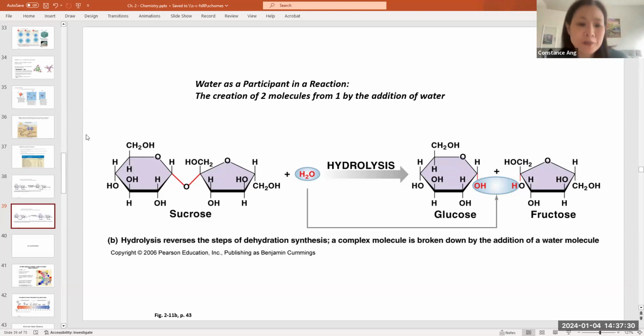Excuse me, sir. I had previously encountered this, and instead of dehydration synthesis, we referred to it as condensation. Would that still apply here? I think I have heard that term before as well. To refer to this, I think most commonly now it's dehydration synthesis.